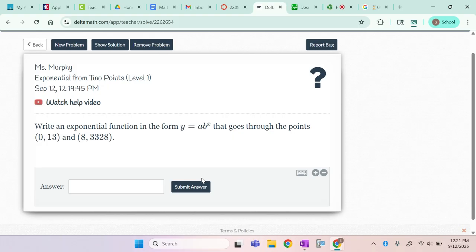So in other words, if I had x, y, 0, 13, 1, 2, 3, 4, 5, 6, 7, 8, and we end up with 3328, I need a singular number that if I multiply it to all of these steps, it'll give me 3328. And if you multiply that number 8 times, it'll give you 256. So the easiest way to do that is in your calculator, do the 8th root of 256.